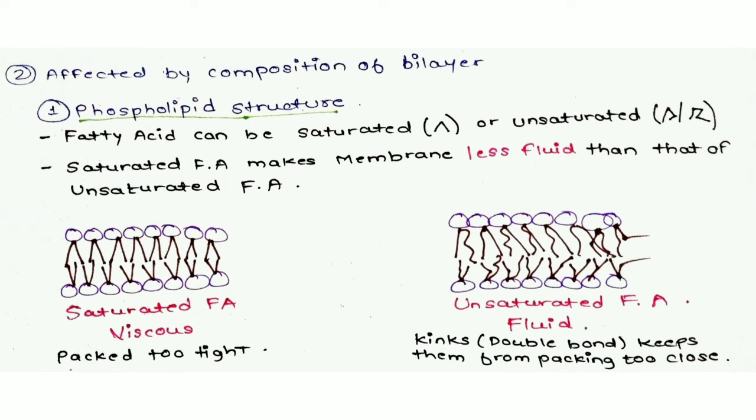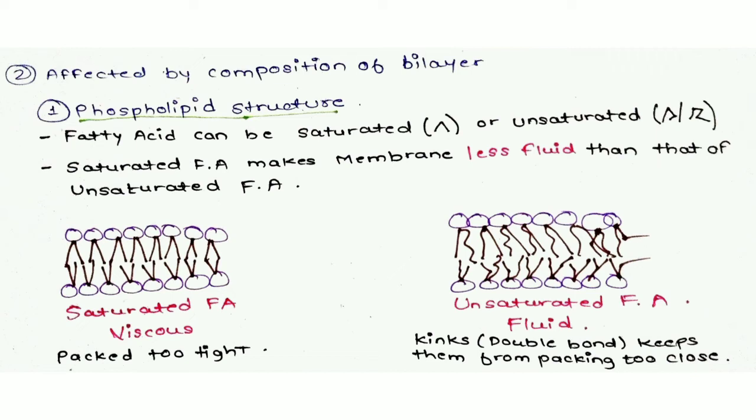In the figure you can see the first one is of saturated fatty acid, in which the tail region is neat and uniform. This is because it is the saturated one, where there is no double bond or kinks. So it is packed too tightly, making the cell membrane less fluid.